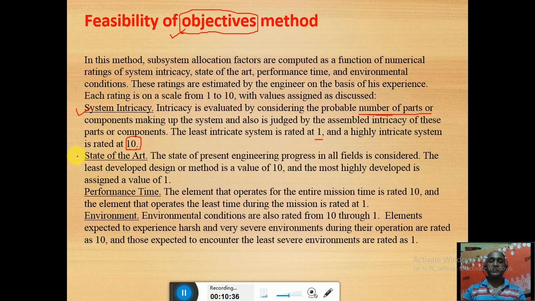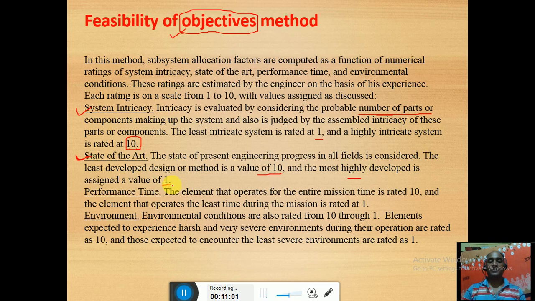In the same way, the second factor is state of the art. Here we again allocate a number between 1 to 10 only. The least developed design or method will have value 10 and the most highly developed method will have value 1. Why is this so?